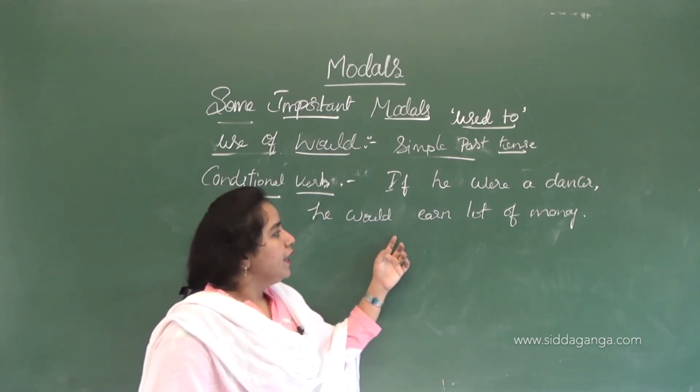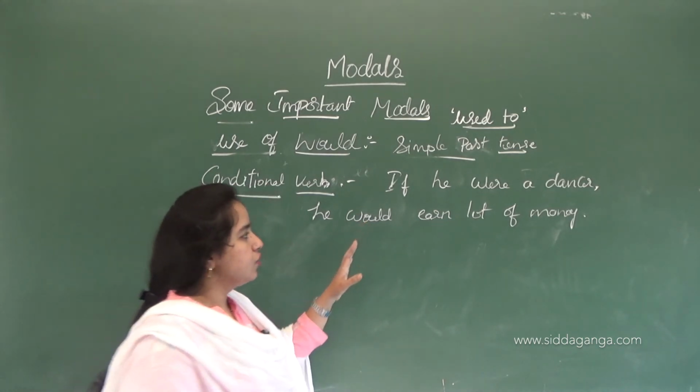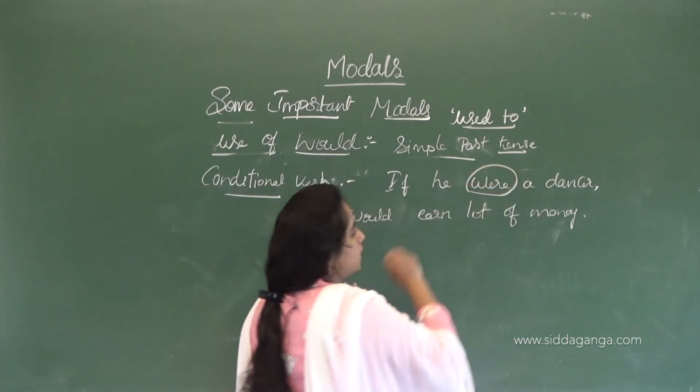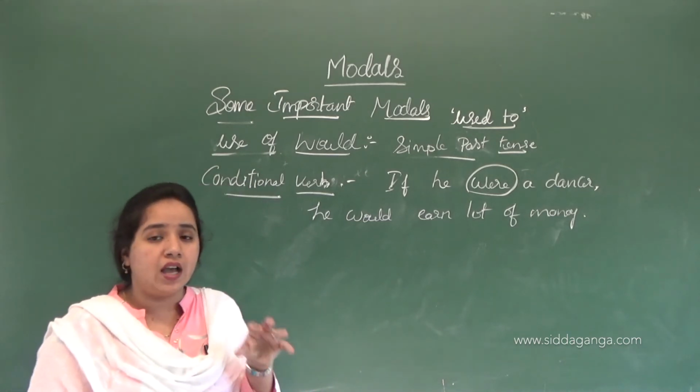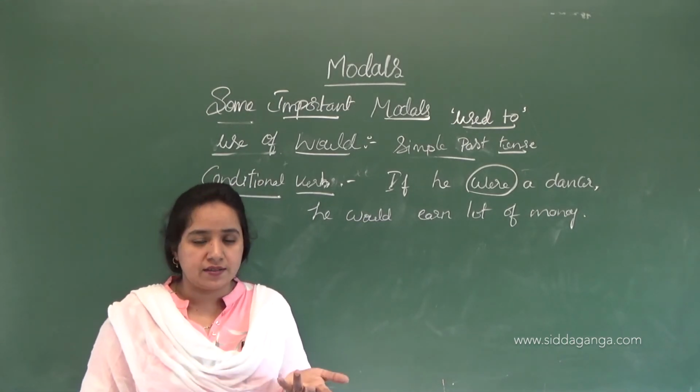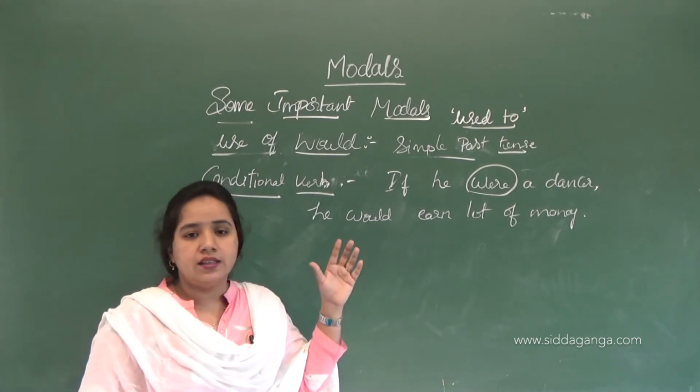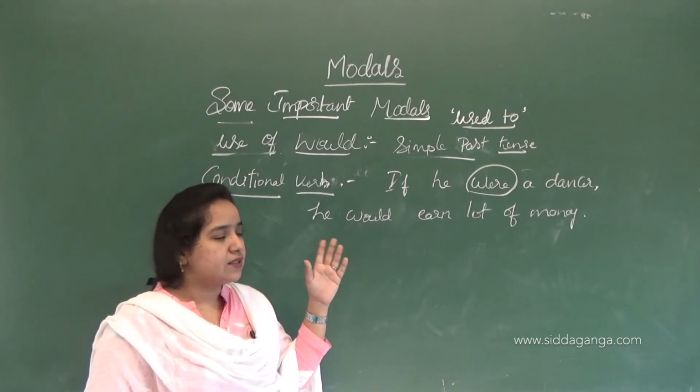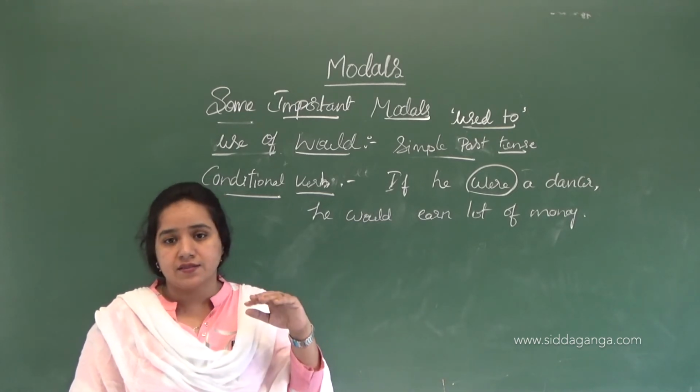Okay. If he were a dancer, so you can see were is used as a past tense. If we use are, it does not tell about the past, but when we see that a helping verb, were, is used, it means that it tells about a past tense. Okay.